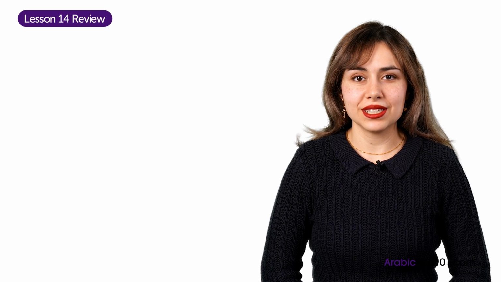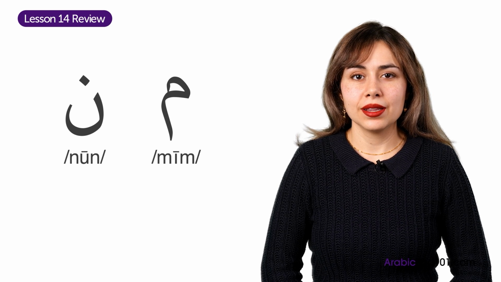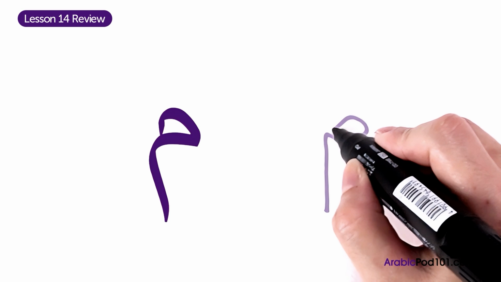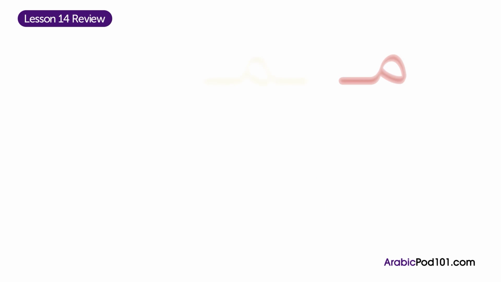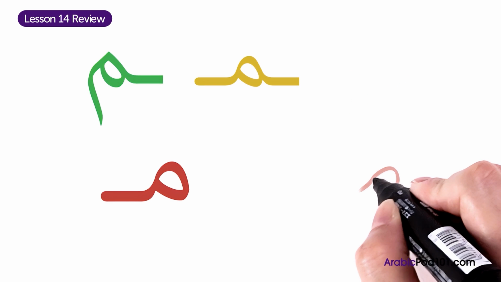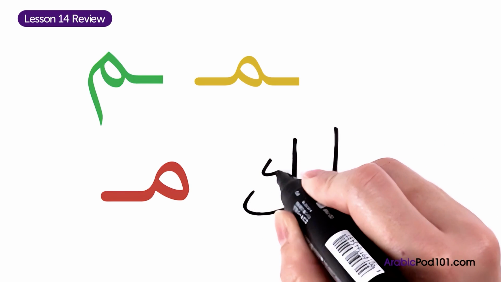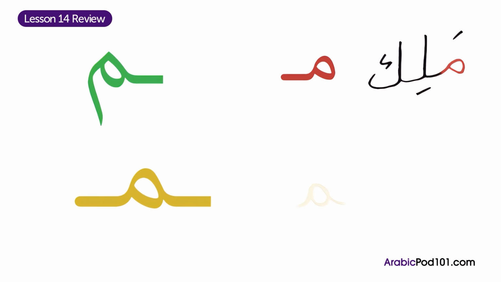In lesson 14, you learned Mim, Nun. They are like M and N. Easy, isn't it? Let's practice writing them together one more time. First, we have the Mim. Isolated. Initial. Medial.